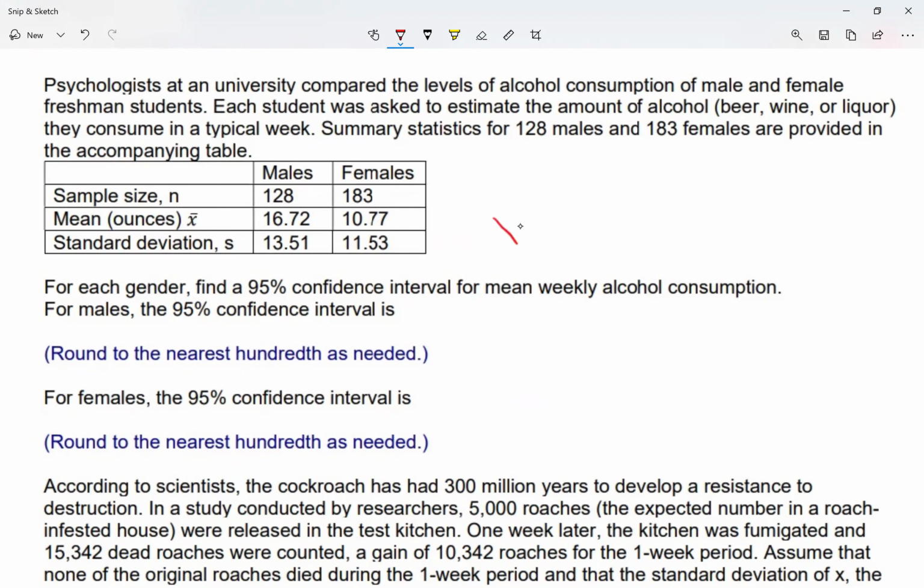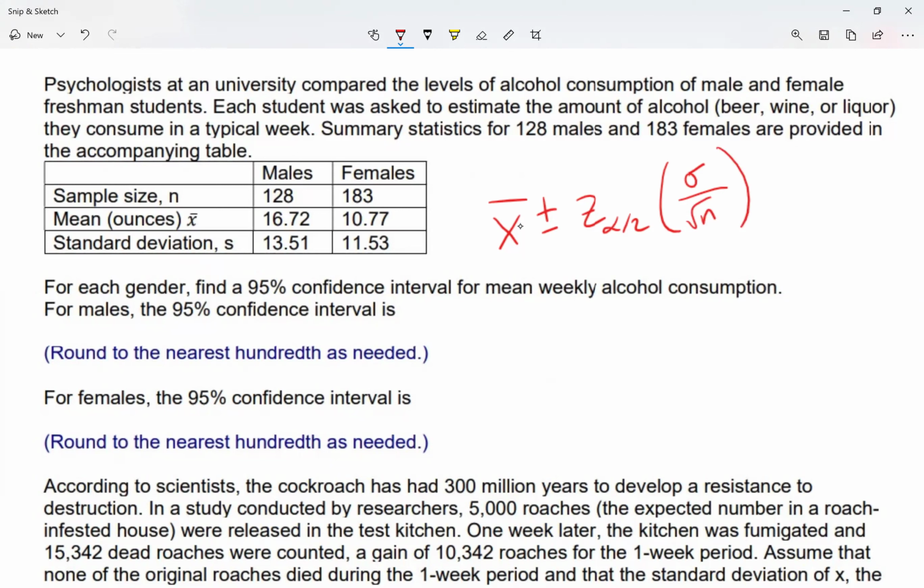It's the average plus or minus my C value, and then I multiply this by a fraction: sigma divided by the square root of n, even though sometimes instead of sigma we use the letter S. That stands for the standard deviation when we're dealing with a sample. Notice how I gave you information here. I have the mean there, I gave you X crossbar, and I wrote an S for standard deviation, so you know where those values come from.